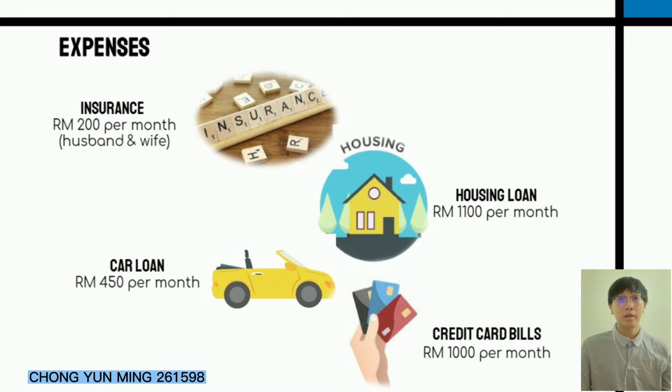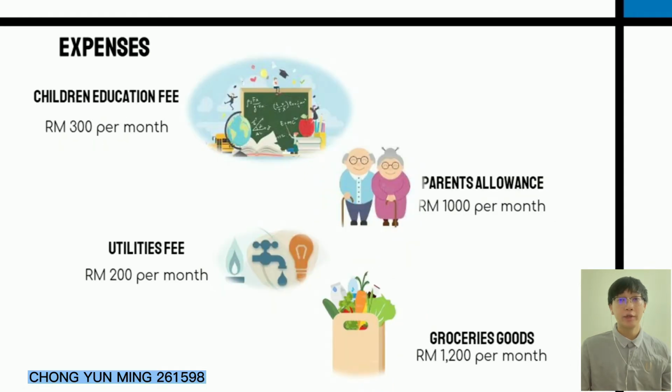He also needs to repay his credit card bill for 1,000 per month, and he will spend 300 ringgit for his children's education, and he will also need to spend 1,000 ringgit per month for his parent allowance. Besides that, the monthly utility fee and grocery goods will cost him a total of 1,400. So the total expenses per month for Mr. Chow is 5,450 ringgit per month.